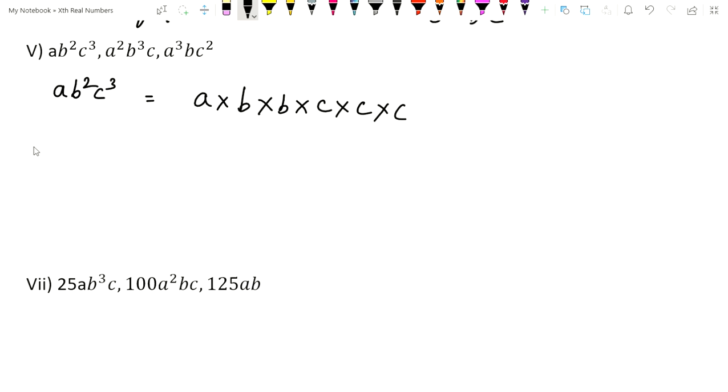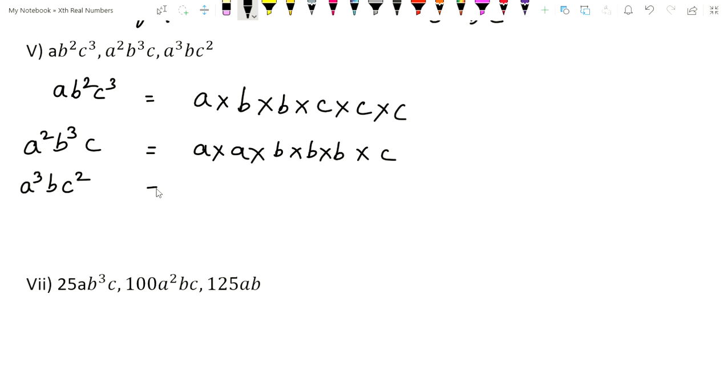Next a square b cube c equals a square, a into a, b cube, b into b into b, into c. Next a cube b c square equals a into a into a, b, c square, c into c.